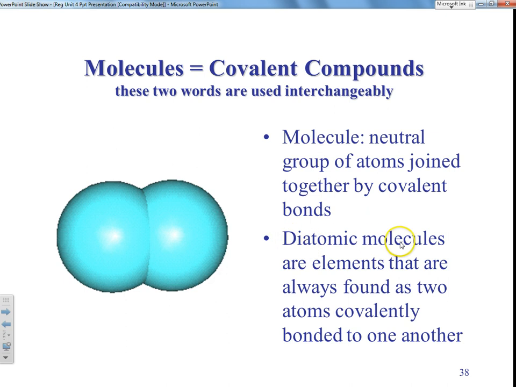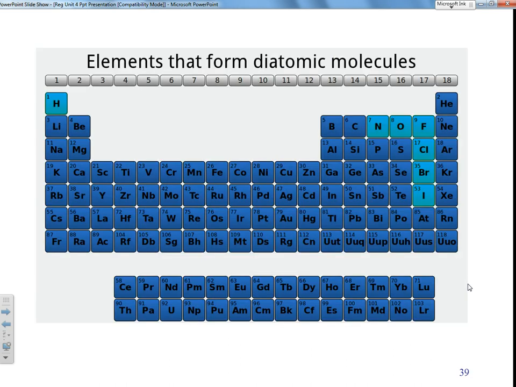The diatomic molecules, we've mentioned them already, but these are elements that are always found as two atoms covalently bonded to one another. The way that you can remember them is that there are 7, and they make a 7 on the periodic table. So they include nitrogen, oxygen, fluorine, chlorine, bromine, iodine, and hydrogen. Another way to remember them is the little term Brinkel-Hoff.